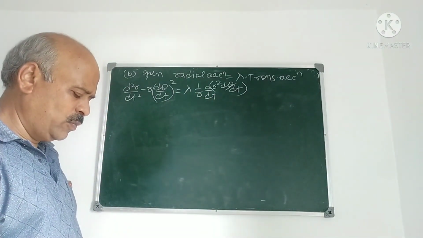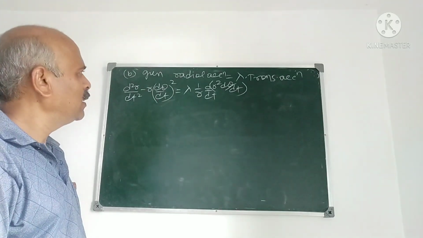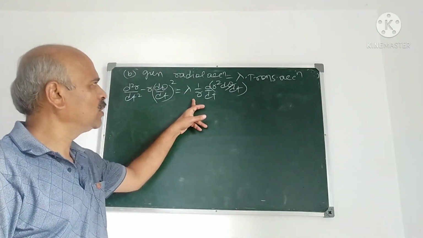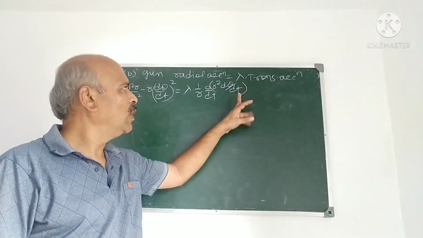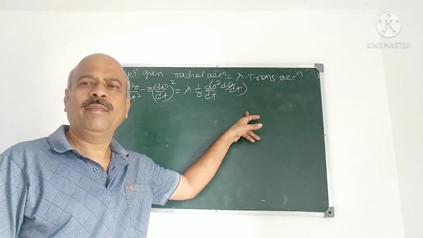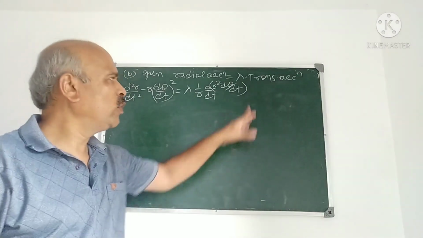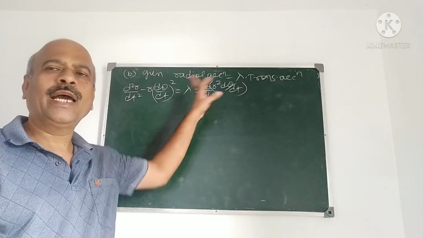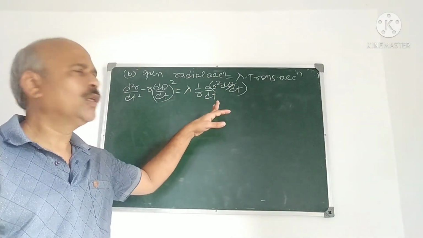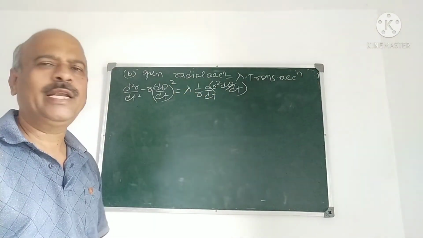Lambda is constant. What you have to prove now? You have to prove that the velocity is proportional to some power of r. What is velocity? Velocity means the magnitude of the velocity, square root of radial velocity square plus transverse velocity square. So from this we find out dr by dt, because radial velocity means dr by dt.